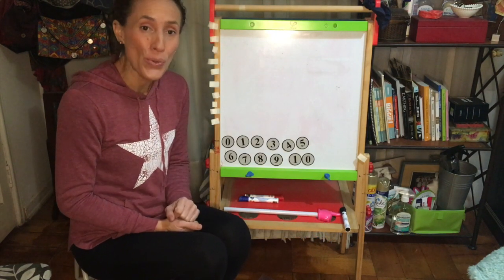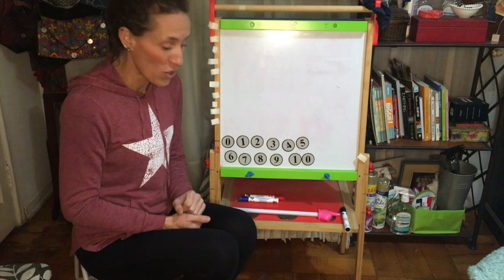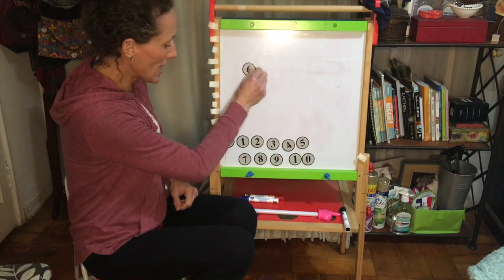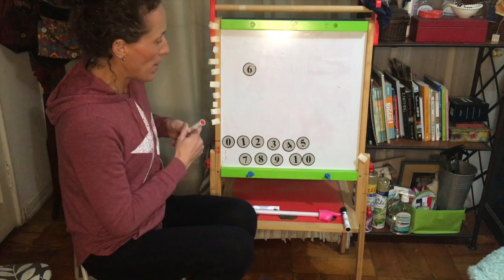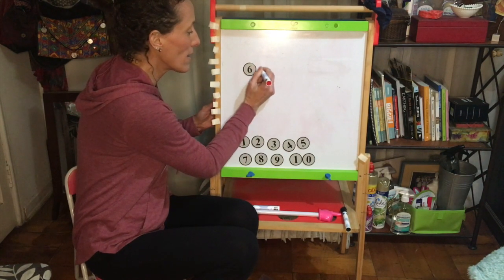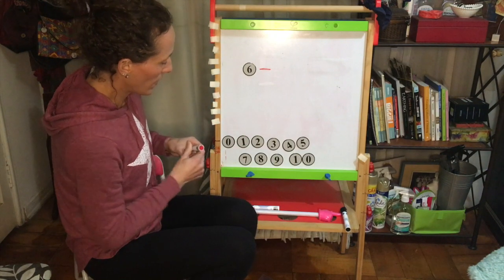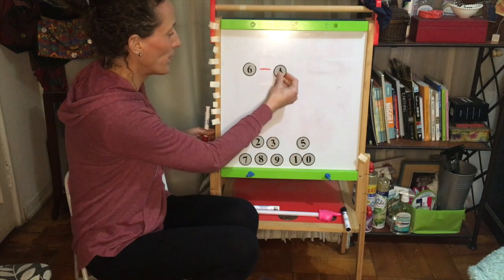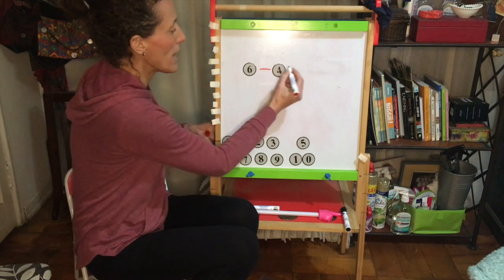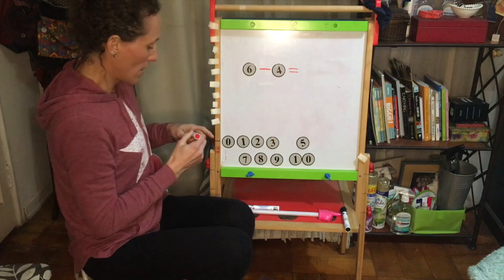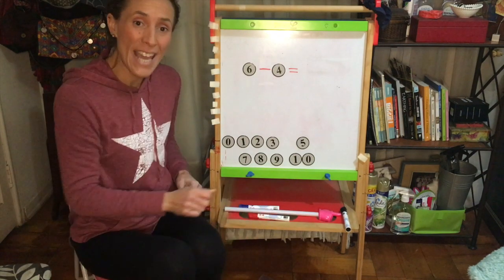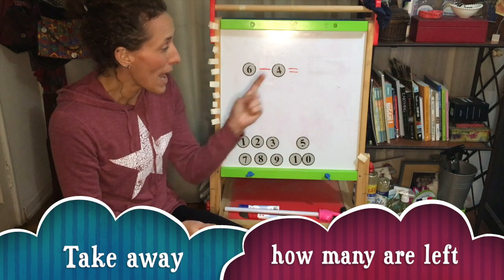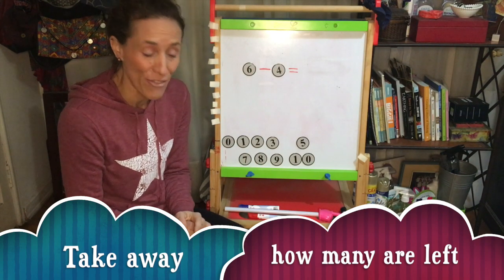First, I'm going to write my subtraction equation. So, I'm going to choose 6, remember, minus 4 equals, and we're going to find out how many we're going to take away and how many are left.